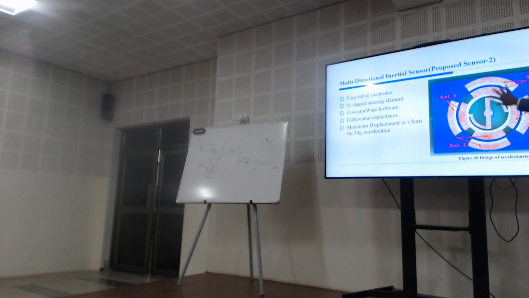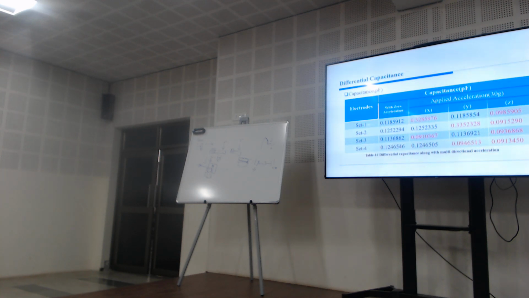For the y direction, we take these two. For z, all 4 are changing, so it is not coming as differential. In x and y we can get the differential capacitance. Whenever we get the differential capacitance, only then can we get a good capacitive sensitivity value. That I will also show you.